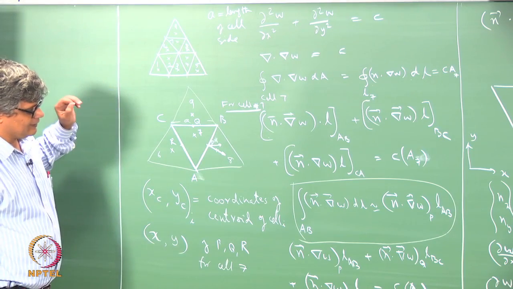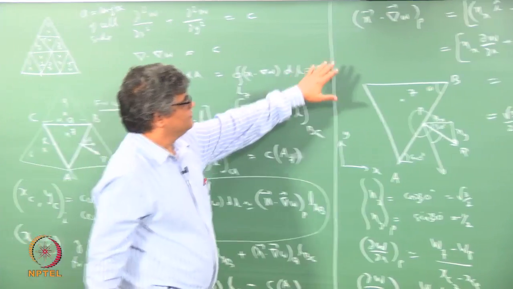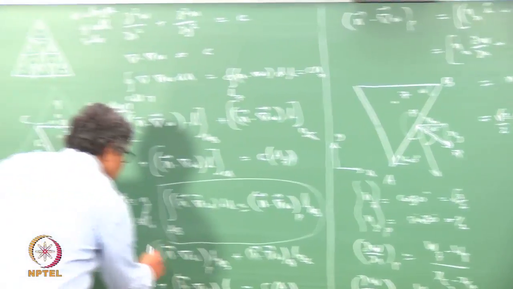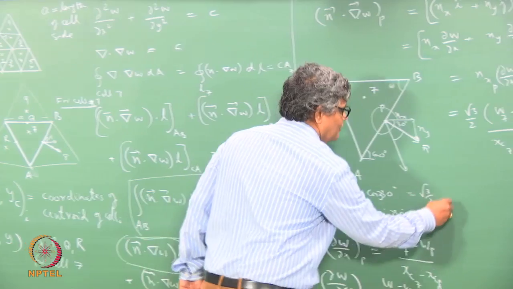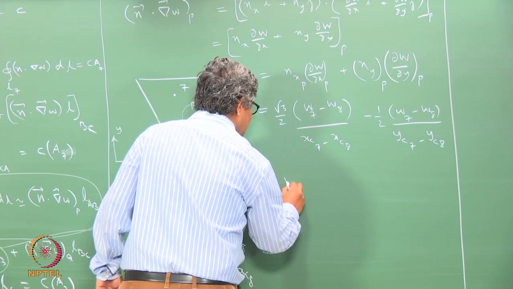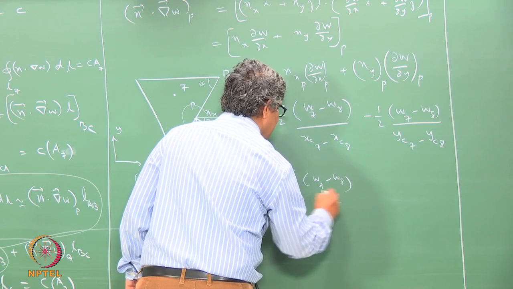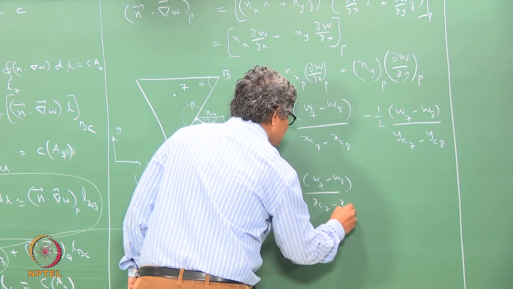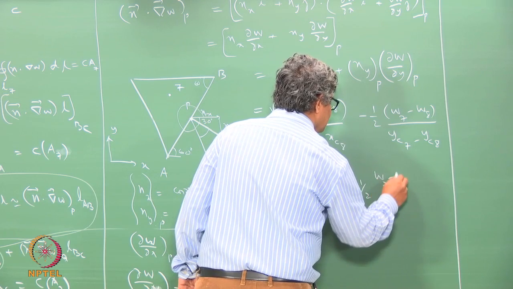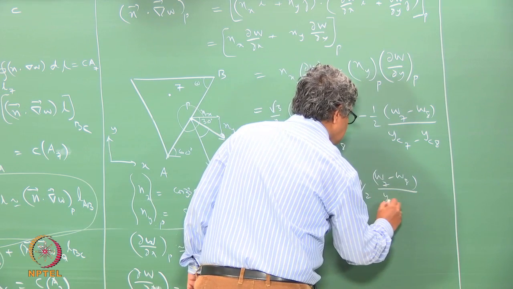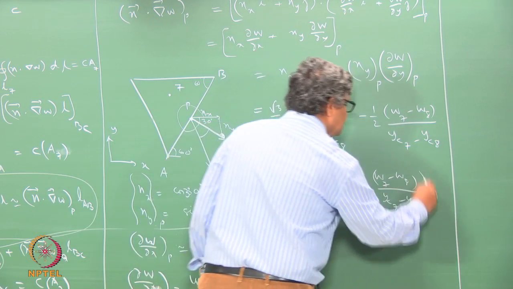So, we can just take that value here, and therefore, the evaluation of this particular term here will now be given as square root of 3 by 2 times W7 minus W8 divided by XC7 minus XC8 minus 1/2 of W7 minus W8 divided by YC7 minus YC8 times A.